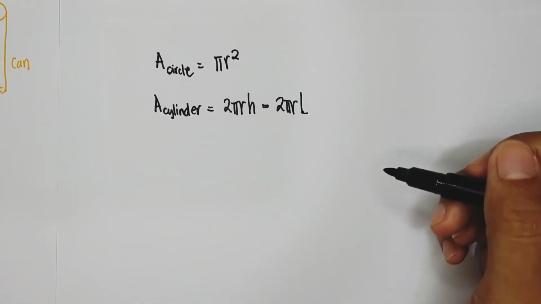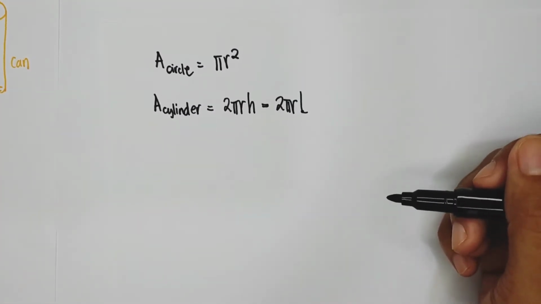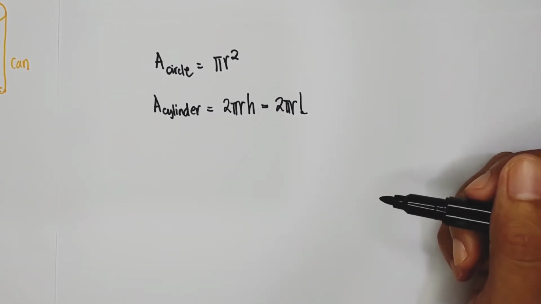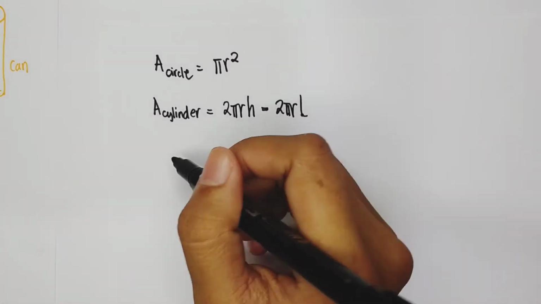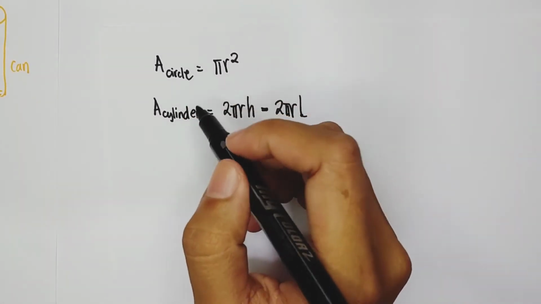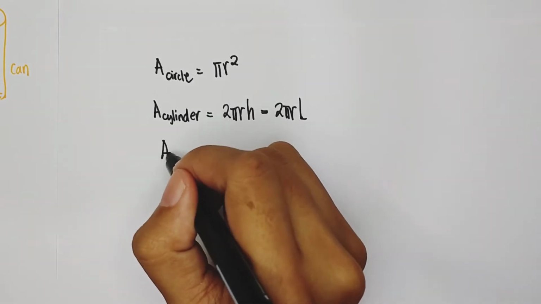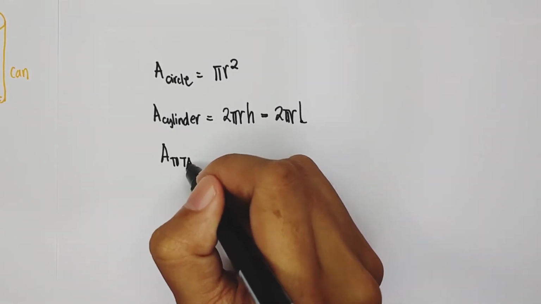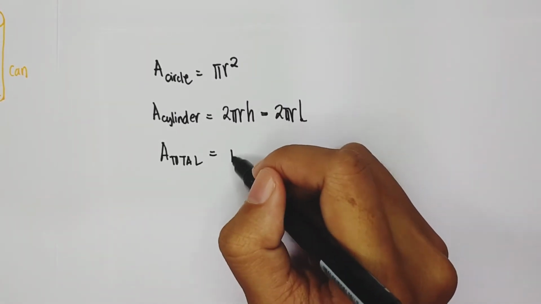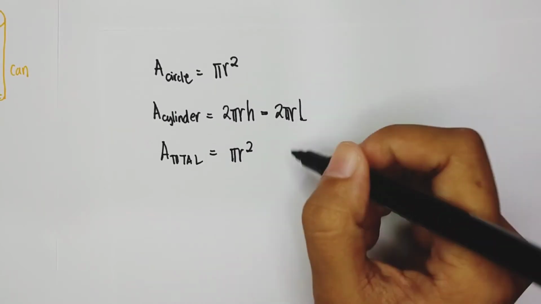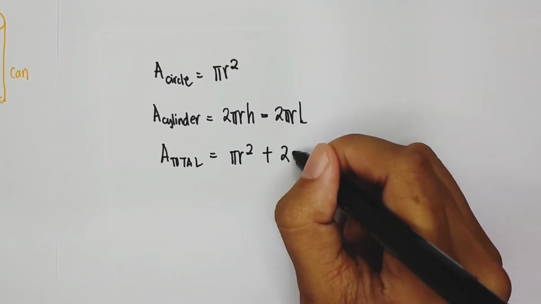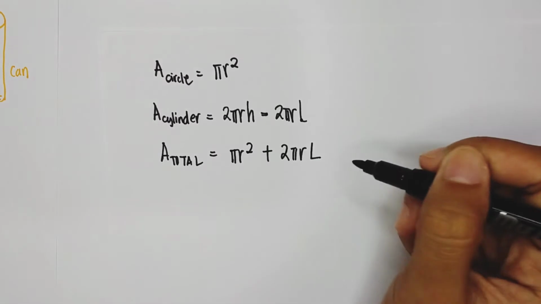To find the mass, we also need the total area. The total area is pi r squared plus 2 pi rl.